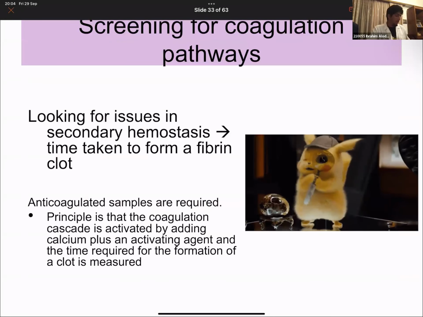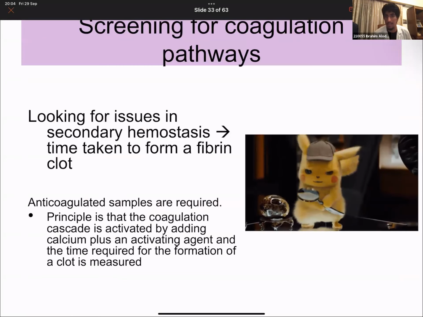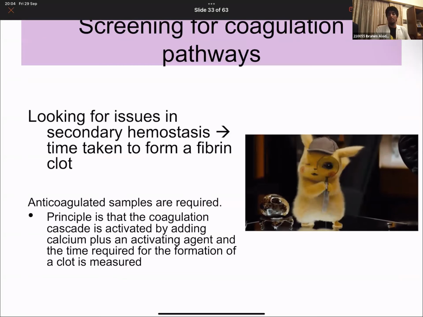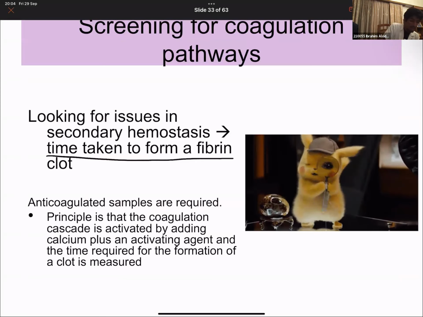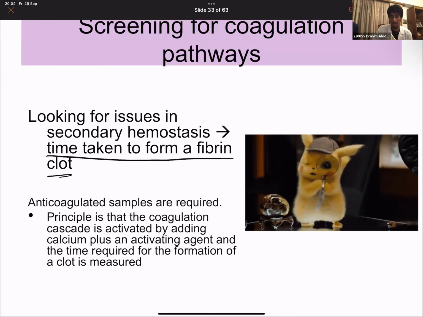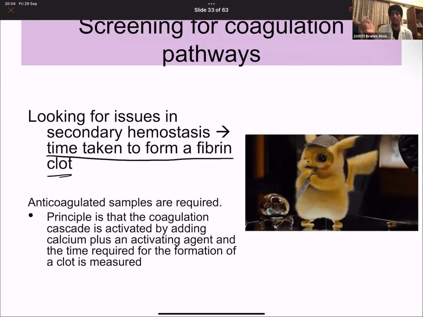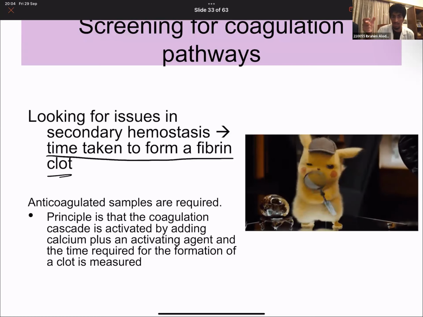We need to look for issues in secondary hemostasis as well. We can't just look at the platelets and say, okay, we saw the platelets. We have to look at the second part of this entire thing, which is the clotting cascade. These tests that look for issues in secondary hemostasis are basically testing the time it takes to form a fibrin clot. This text on the bottom has details of how they do it, but they take these blood samples that are anticoagulated, which just means they're not going to clot while in the tube.